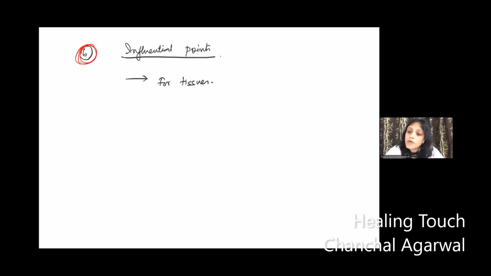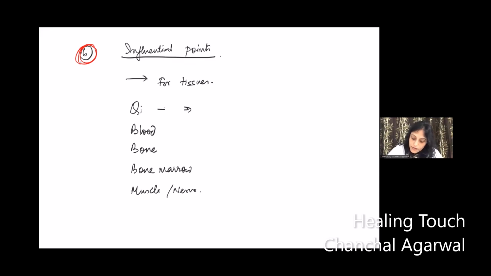Similarly, when we talk about Chinese acupressure, then we have Qi, we have blood, we have bone, bone marrow, muscle or nerve. All these fall into tissues. So there's a point for Qi, which controls Qi in the body.